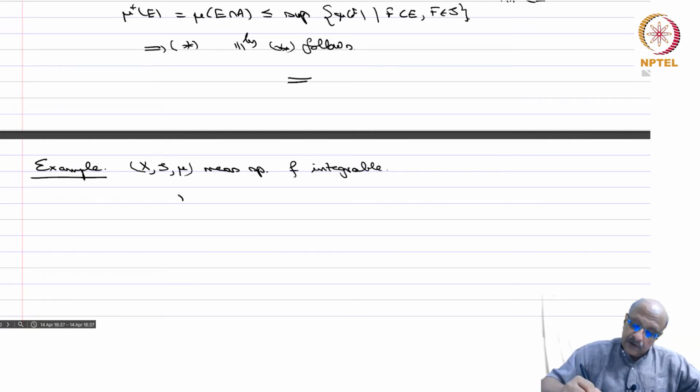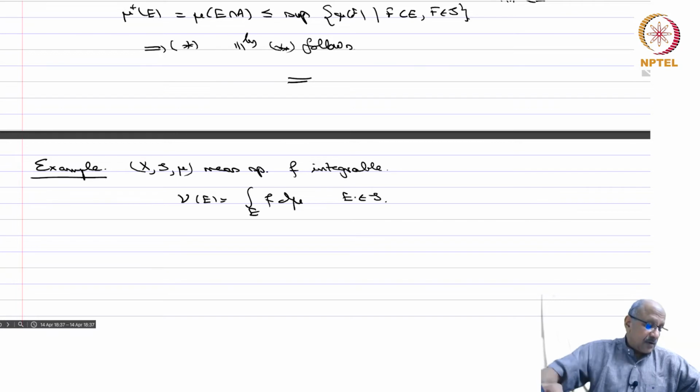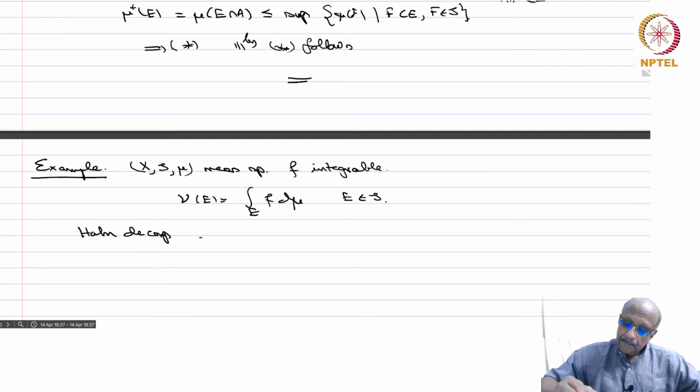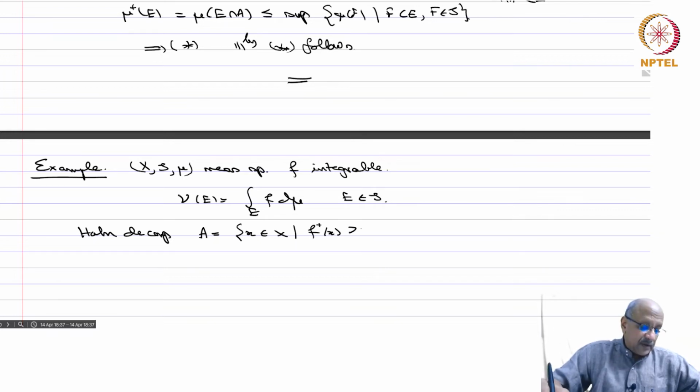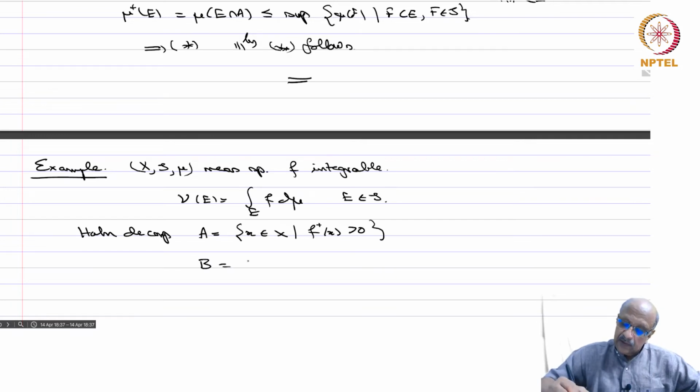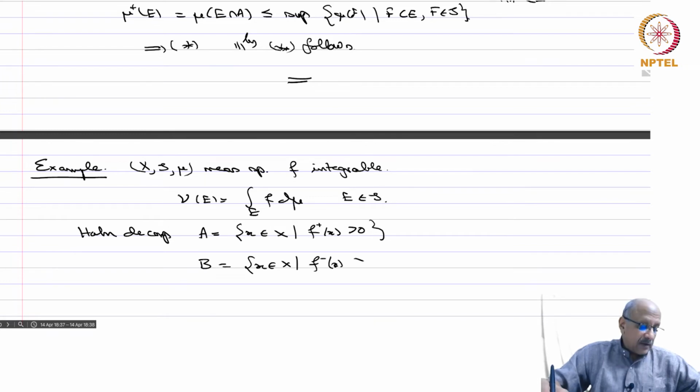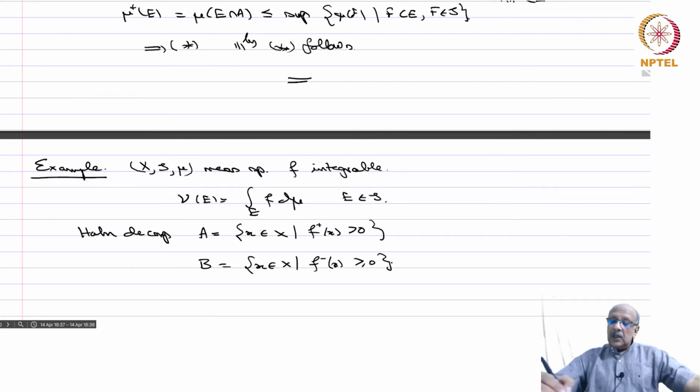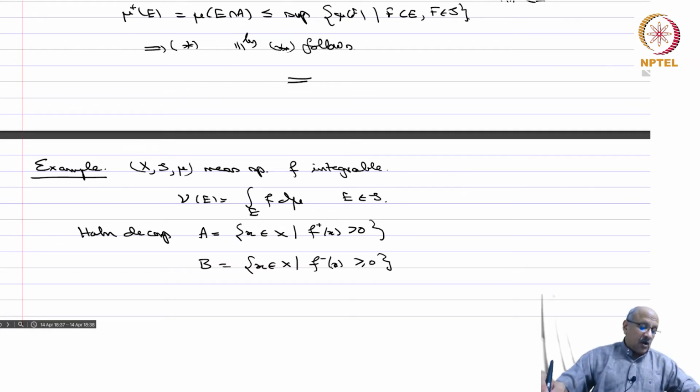Then you consider nu of E, the signed measure, which is the integral over E of f d mu, E in S. Then the Hahn decomposition: A will be the set of all x in X such that f plus of x is greater than 0, and B equals the set of all x in X such that f minus of x is greater than or equal to 0. You can put the equality sign in either one, since we have already seen the Hahn decomposition is not unique.